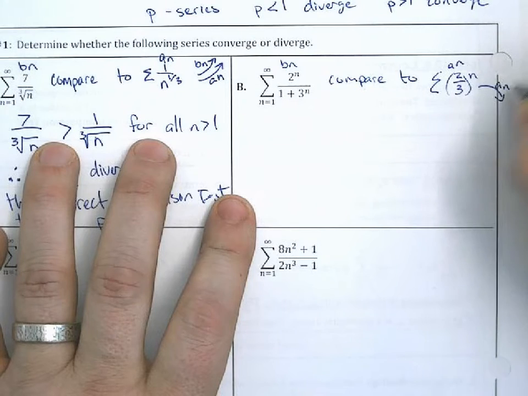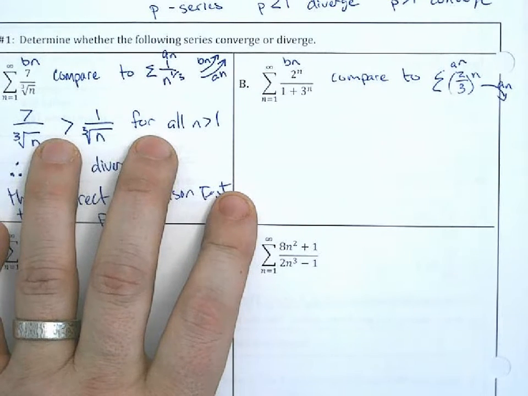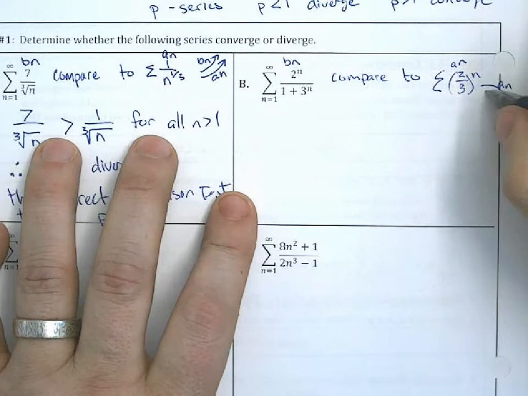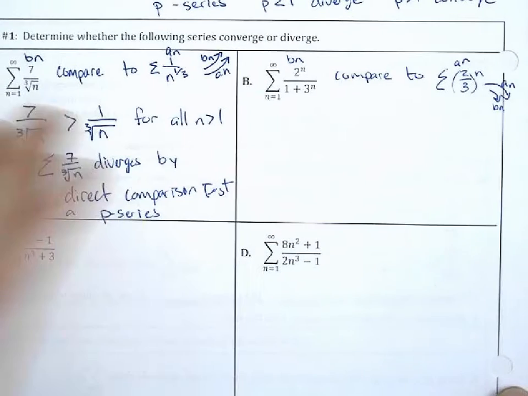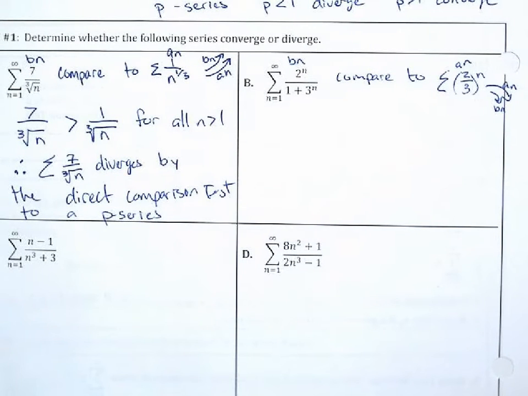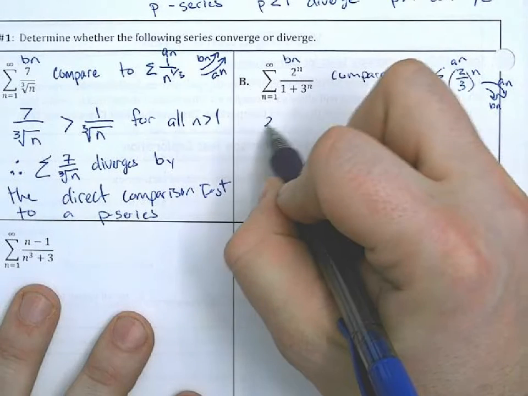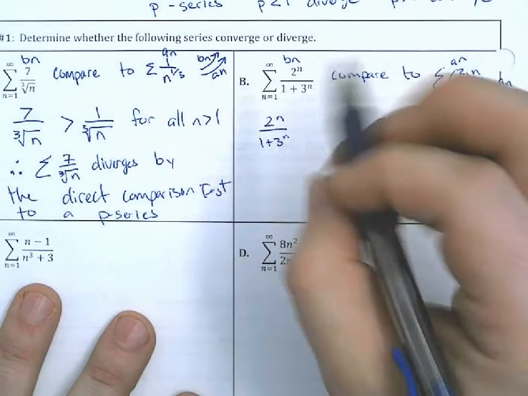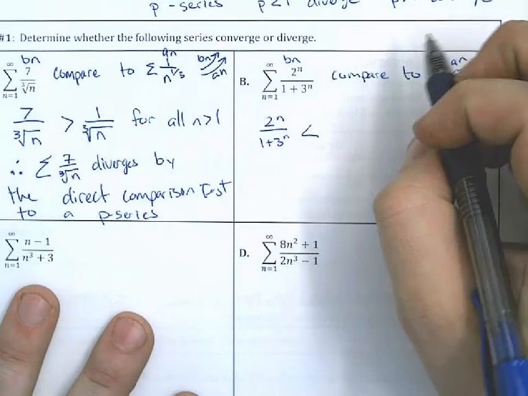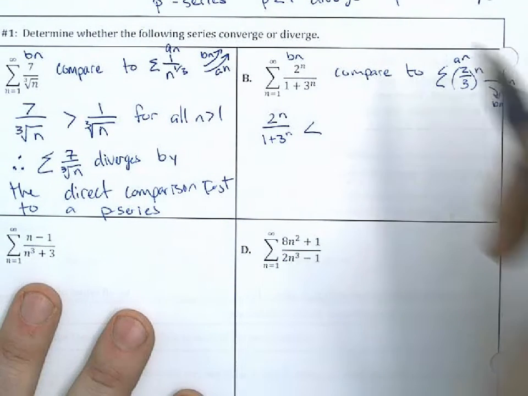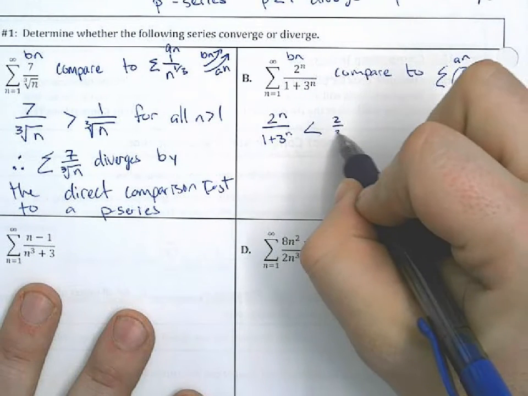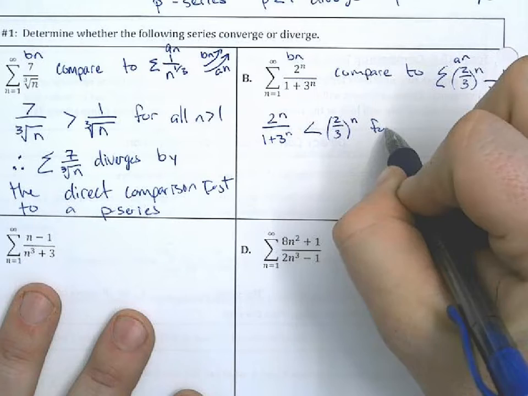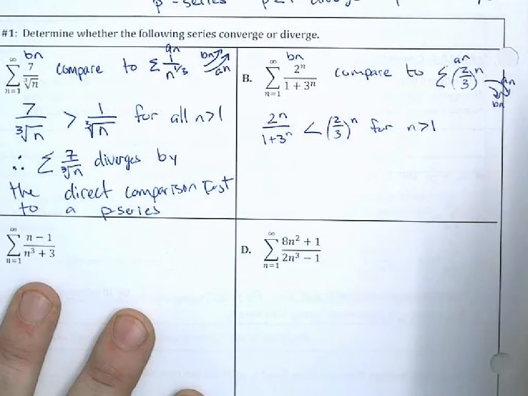If A sub n converges, we need to show that we are less than. Okay, but it's plus 1 in the denominator, so it is less than. So we're going to say 2 to the n over 1 plus 3 to the n is less than (2/3) to the n for n greater than 1.